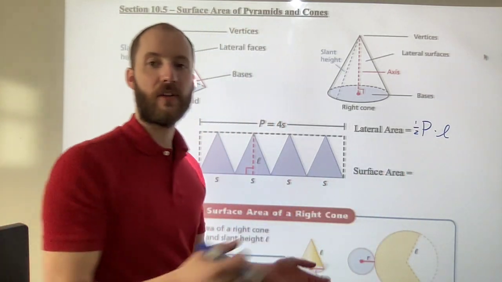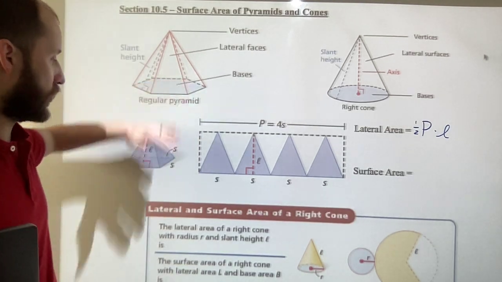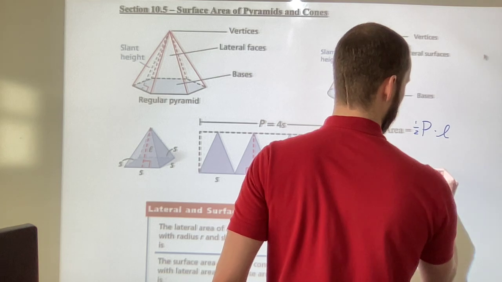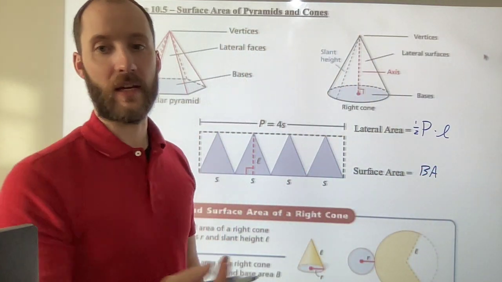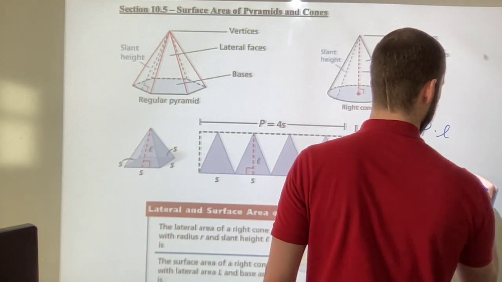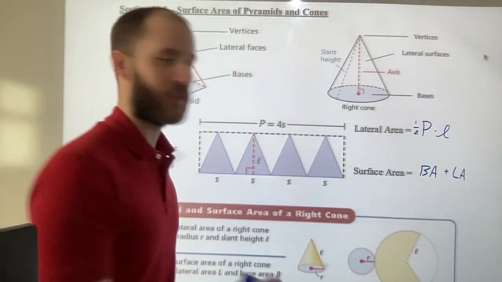Your surface area, again, there's only one base to think about. So rather than 2 base area, just 1 base area plus your lateral area, which is 1/2 your perimeter times your slant height.